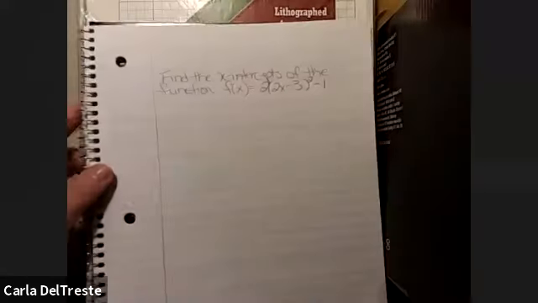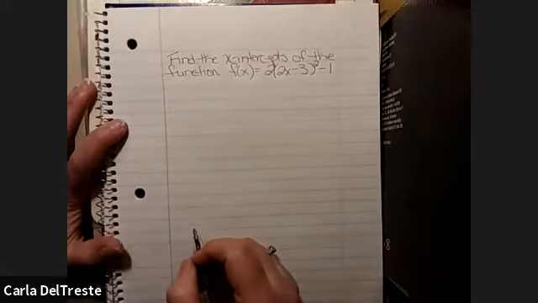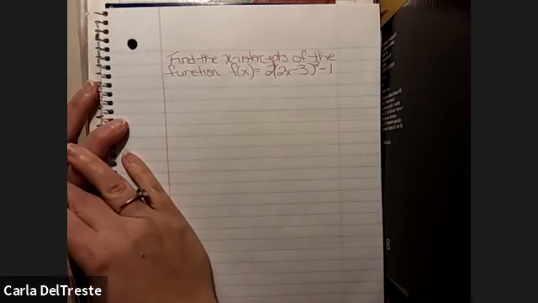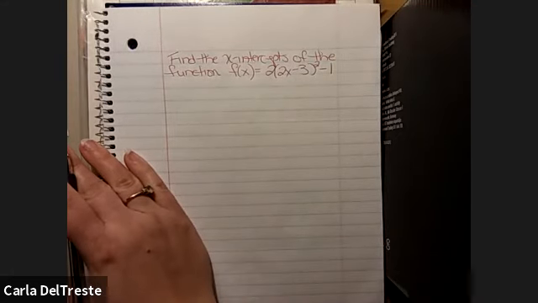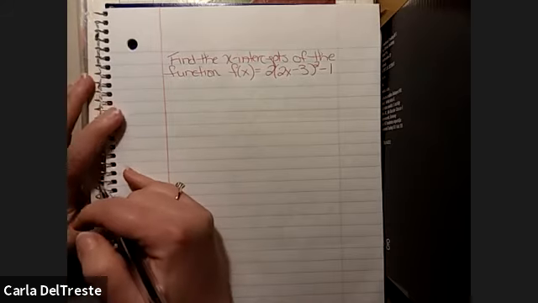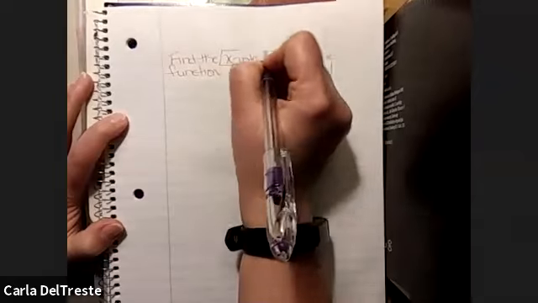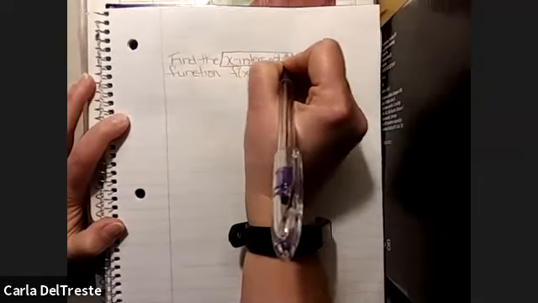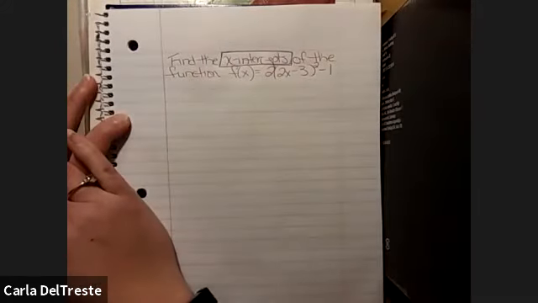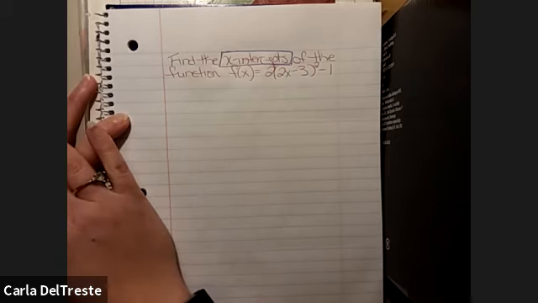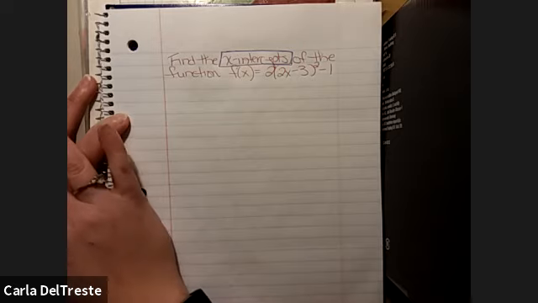Our last example for this video, find the x-intercepts of the function f of x equals 2 times (2x minus 3) squared minus 1. We need to identify any clues of what they're asking me to solve. And the clue here is the fact that they're saying x-intercepts. We know that x-intercepts are when y equals 0.